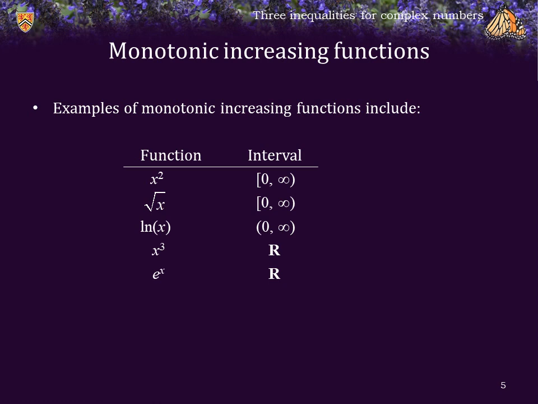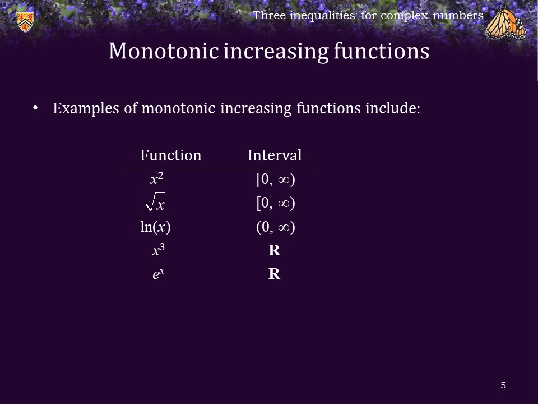And on that interval, the derivative is defined as 1 over 2 times the square root of x. So on that interval, apart from 0, the derivative is strictly greater than 0. Ln of x has a derivative of 1 over x on the interval from 0 to infinity, and 1 over x is positive on that interval. And so ln of x is monotonic increasing for all positive values of x.